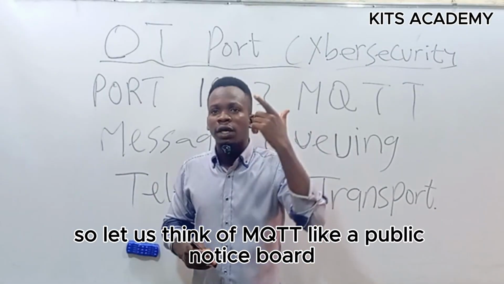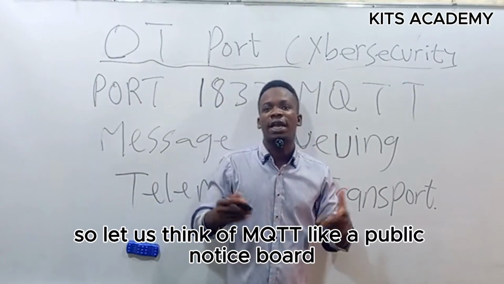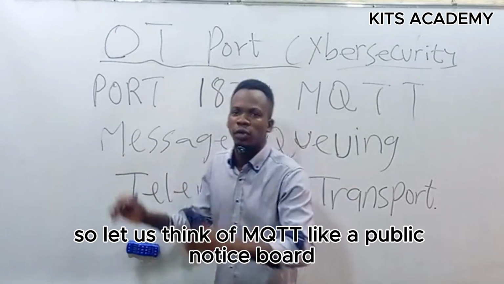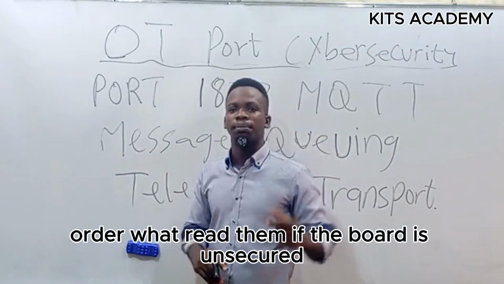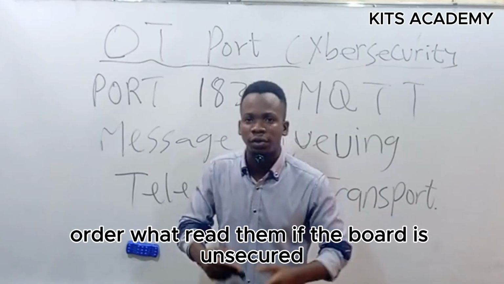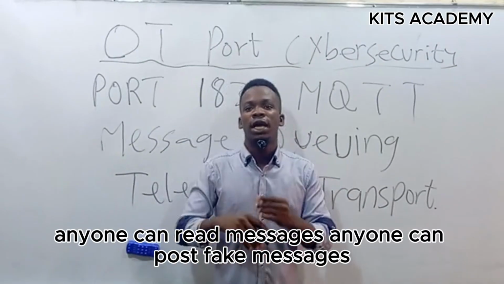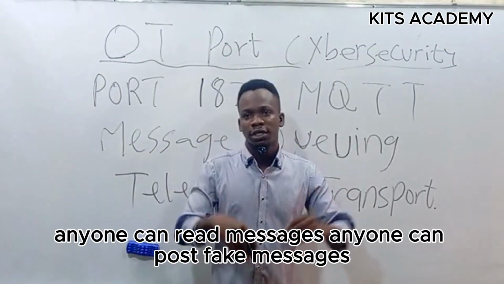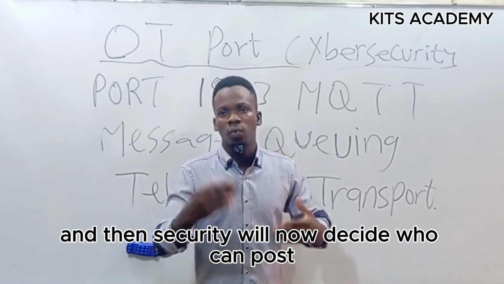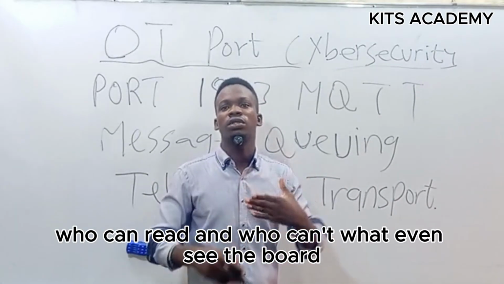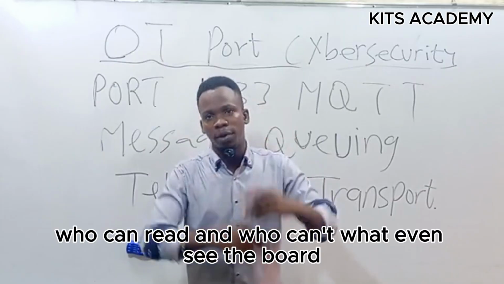Let us think of MQTT like a public notice board. People post messages, others read them. If the board is unsecured, anyone can read the messages and anyone can post fake messages. Security will now decide who can post, who can read, and who can't even see the board.